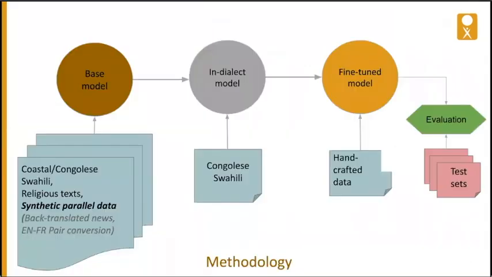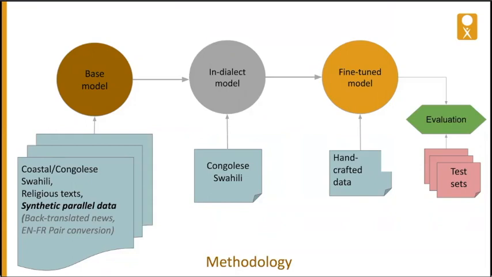So our methodology in a nutshell is demonstrated in this diagram. We first make a base model using all the data available. Coastal dialect, Congolese dialect, from any domain, using both authentic and synthetic parallel data to make a base model.